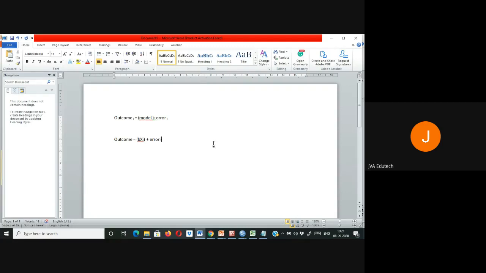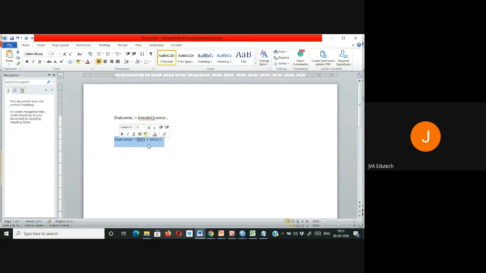In this model, b is the correlation coefficient, which we have already said is denoted by r, and it is a standardized measure. So if you have to measure the outcome in the form of correlation, you will put the correlation coefficient, the x, the error, and you will find the total outcome.